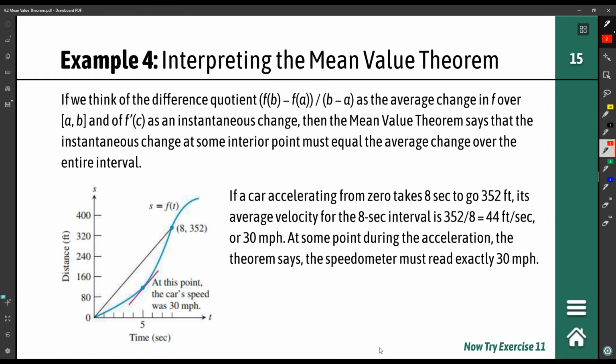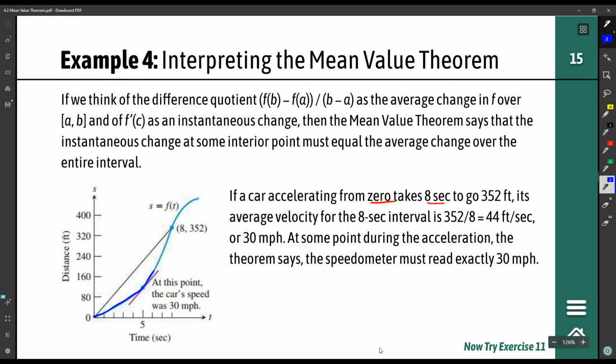So the first paragraph here on the next slide is the same, but this is moving us into example 4. There's nothing really for us to do here other than interpret a function and its graph. If a car accelerating from 0 takes 8 seconds to go 352 feet, its average velocity for the 8-second interval is 352 divided by 8, or 44 feet per second. And that's this function on the left in blue.